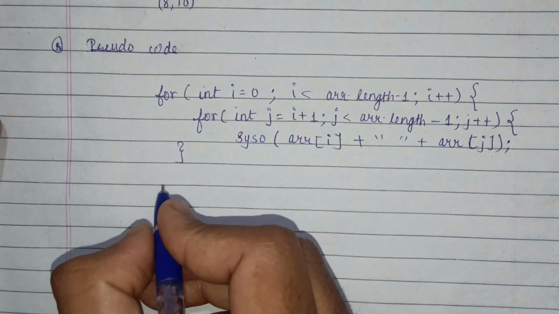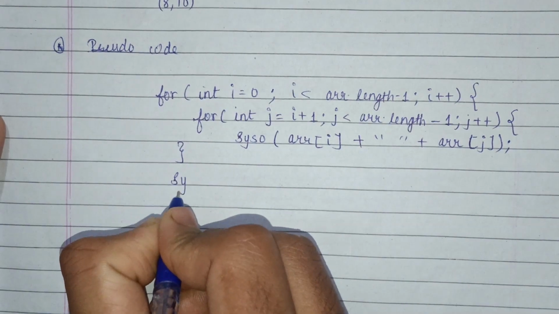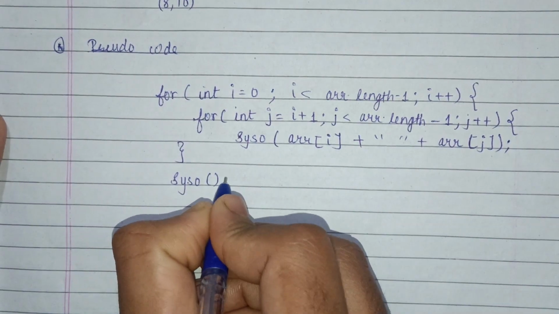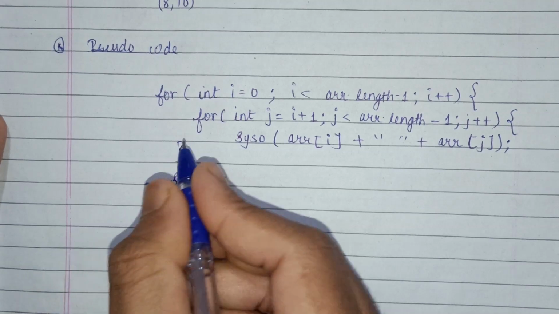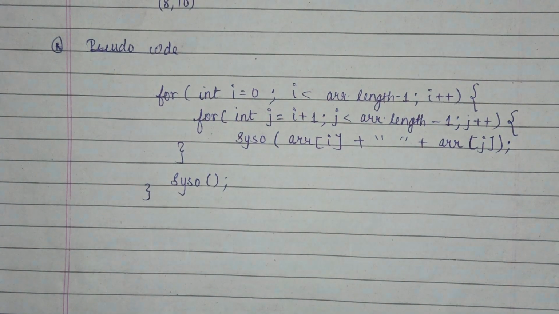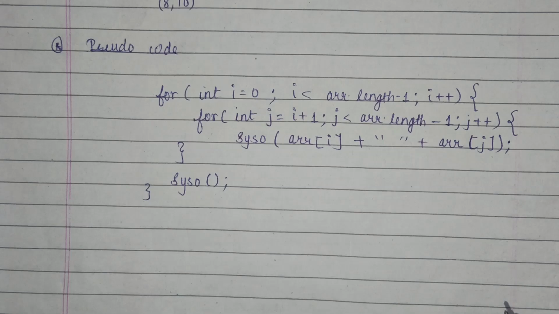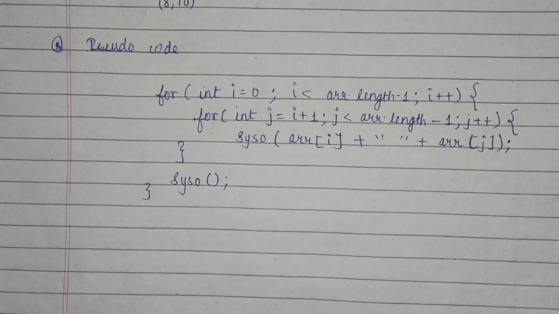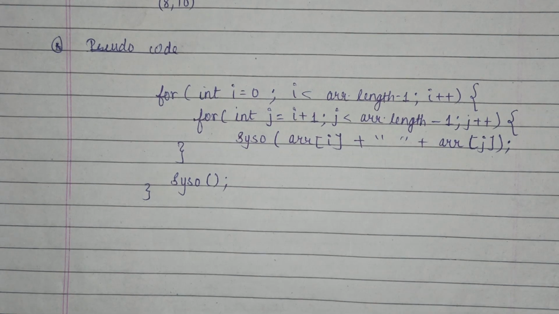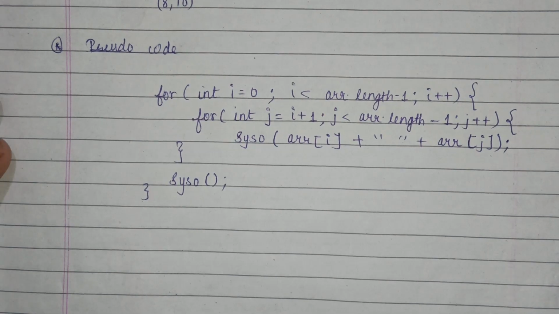And next we have to give the next line here and simply close the outer loop as well. So this way we can create a logic for printing the pairs in the array. So let's dry run it now.